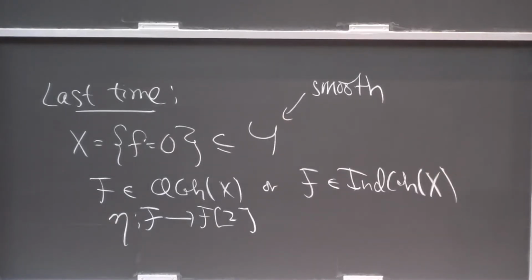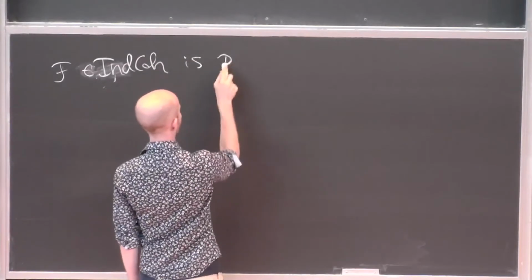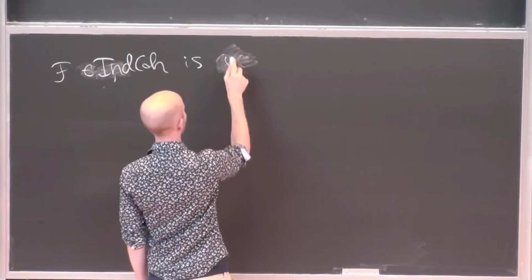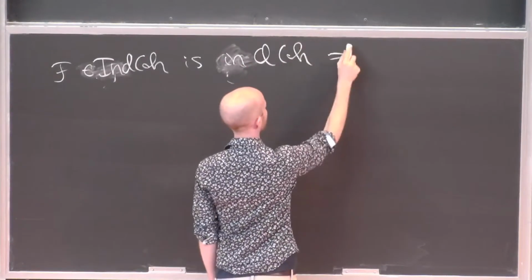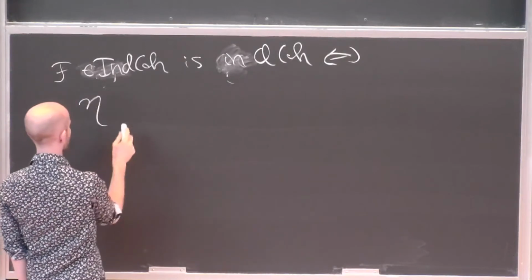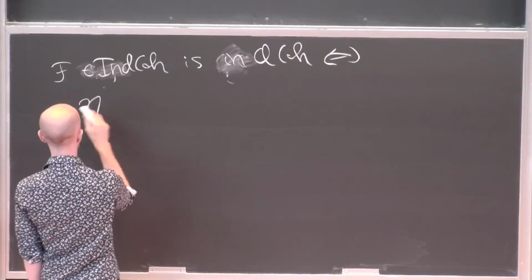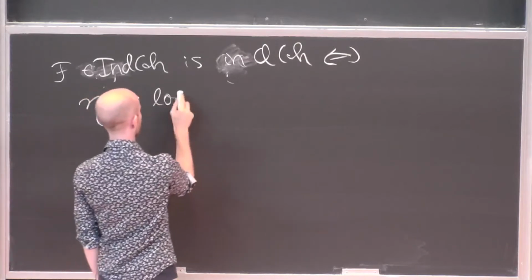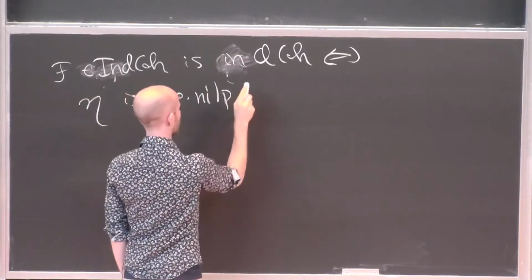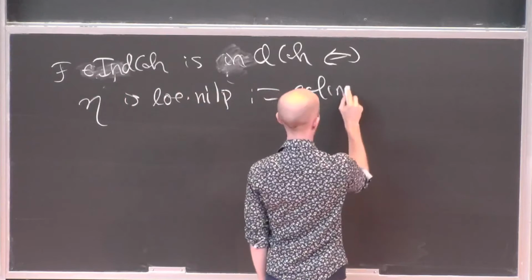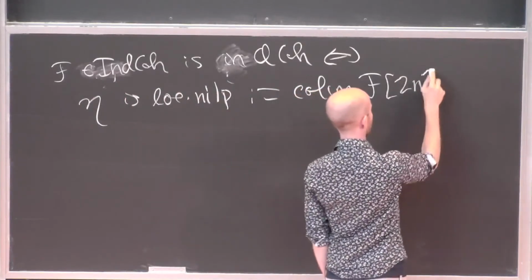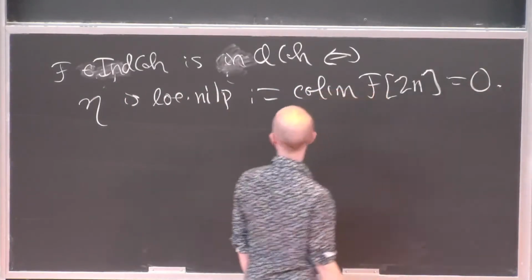We proved last time that F in IndCoh is in QCoh if and only if this eta map is locally nilpotent, which by definition meant that the direct limit of F shifted by 2n under these eta maps was equal to 0.